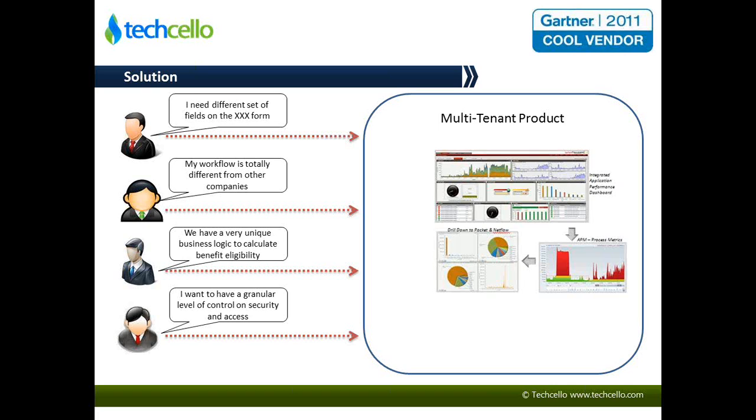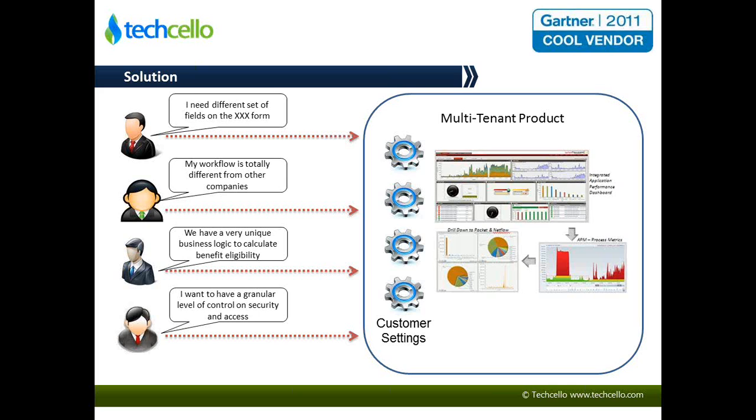So you build your product with a multi-tenant architecture in place, which means the product on the architecture is capable of identifying all these customers through a set of settings. And these settings can contain the specific data about what the customer is looking for.